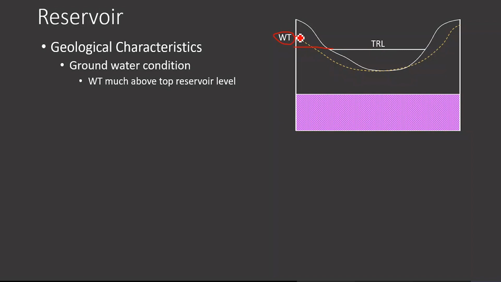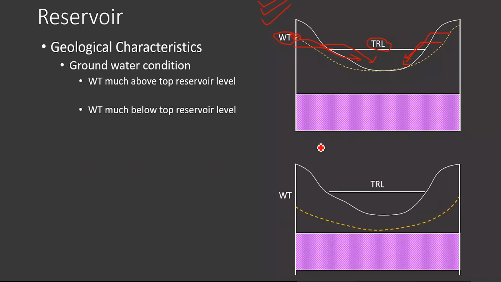As a result, there is a hydrostatic head, so some amount of water can be contributed to the reservoir. At least it will not take the reservoir water into the groundwater, because the ground is already saturated and the height of the water table is much above the top reservoir level. This is a very favorable condition when we are talking about the water table of that region.